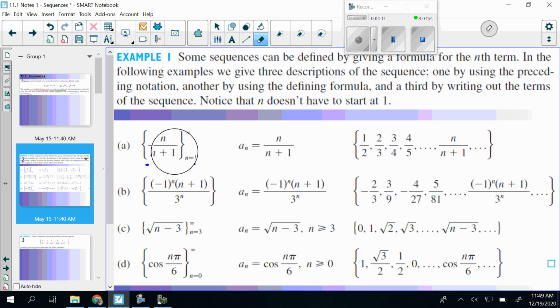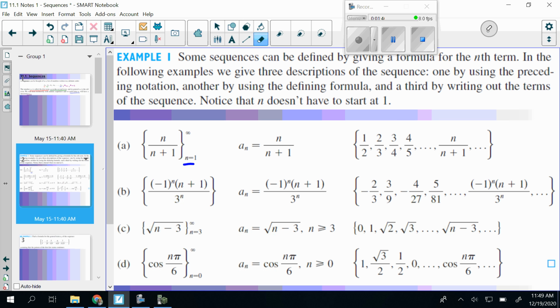So the nth term a_n would be that same thing that we see written here. If we plugged in 1 here for n, this would equal 1 on top. On the bottom, we'd have 1 plus 1 is 2. So the first term in that sequence would be 1/2.